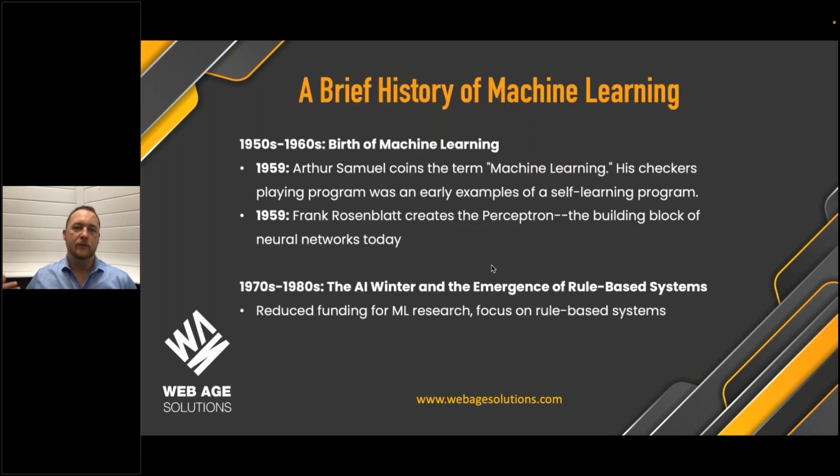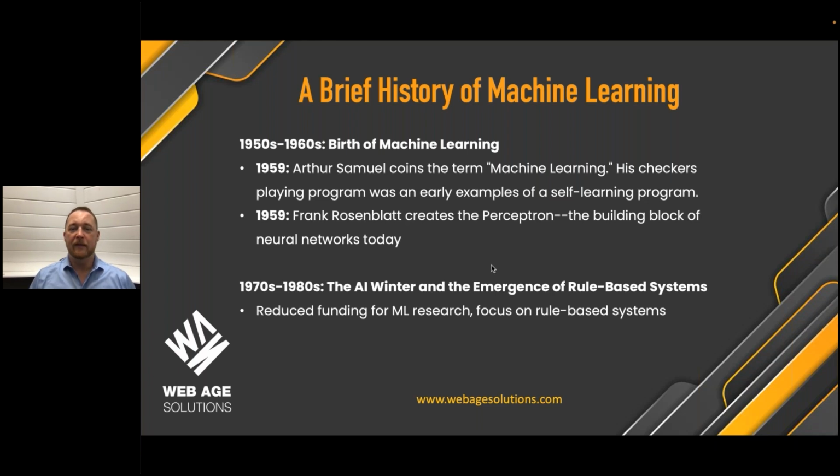So first, we start our journey in the 1950s, in 1958 and 1959. The perceptron was created at the end of the 1950s, which is the basic building block of our neural networks today. The term machine learning comes from the late 1950s as well, from a self-learning checkers program.